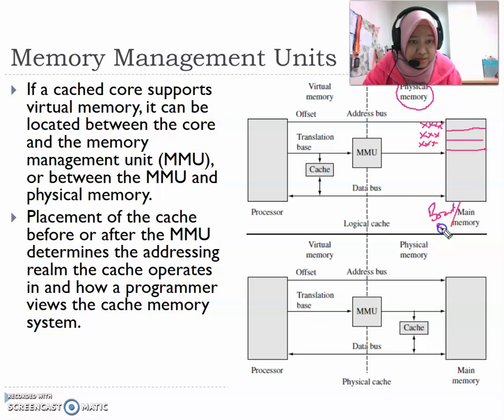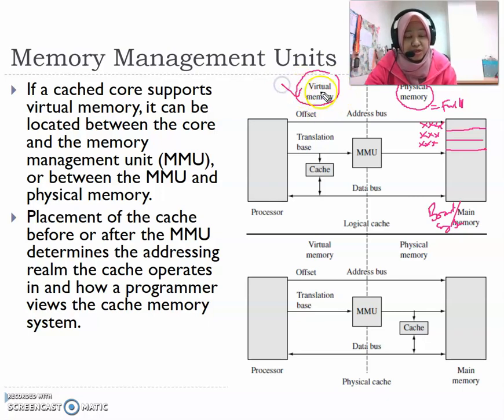But in some cases, where the computer system supports virtual memory, if the space in the main memory, the physical memory, is already full, then the data will be written to the virtual memory, which is usually located in the hard disk of the system in a backup space. This is what we call virtual memory.